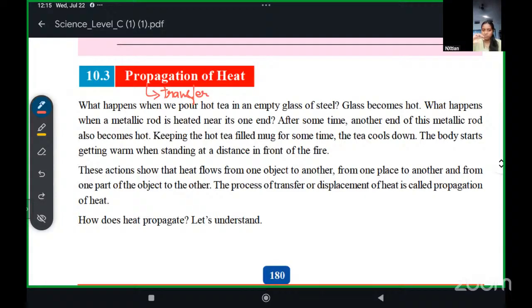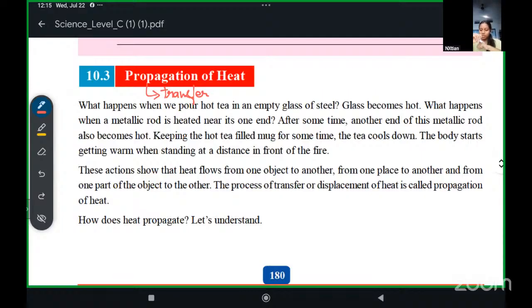Heat flows from one object to another, from one place to another, from one part of the object to another. When you are sitting near the fire, the heat will flow towards your body or in your body. And when you're holding a spoon on the fire, the heat will flow in the spoon from one end to another.